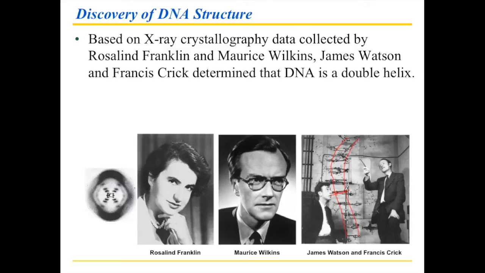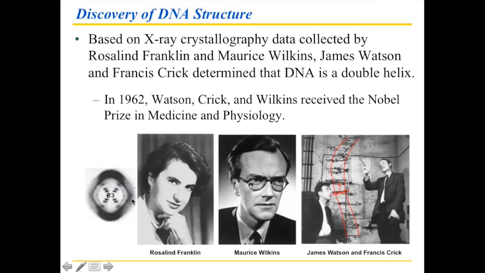When you cut it here and you look up or down into it, then this is probably what you see. Now, it's not so easy to make these deductions, and because it was a real leap in terms of knowledge, Watson, Crick, and Wilkins received the Nobel Prize in Medicine in 1962. The paper that Watson and Crick published in a journal was only a page long. I mean, it's not a long paper at all, but it certainly had a huge impact.